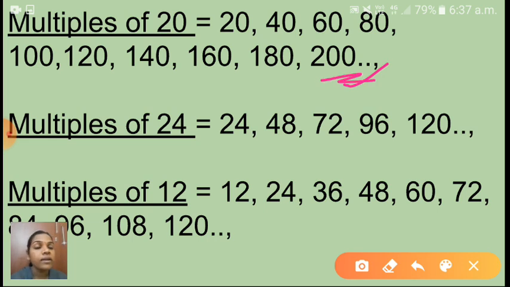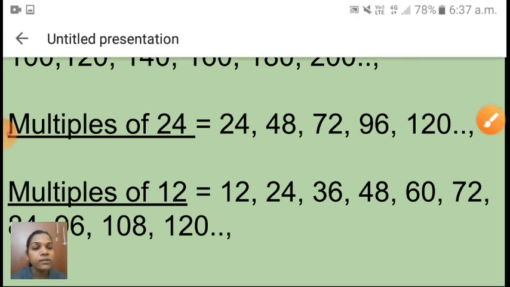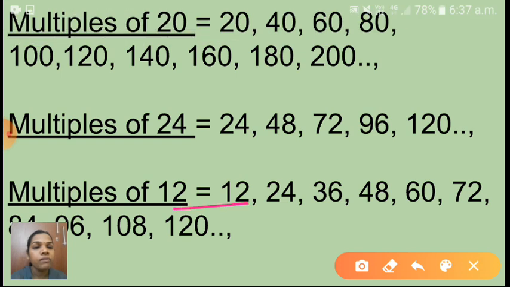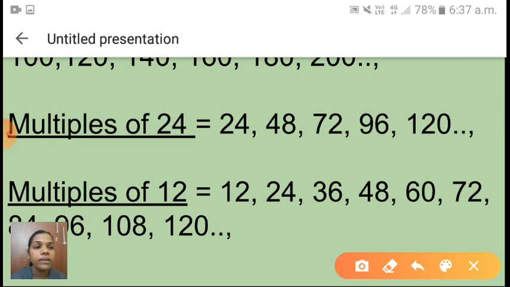Next one is 24. Multiples of 24 are 24, 48, 72, 96 and 120. Next, multiples of 12 I have also written here: 12, 24, 36, up to 120. Okay, children, can you say now which is the common multiple here?